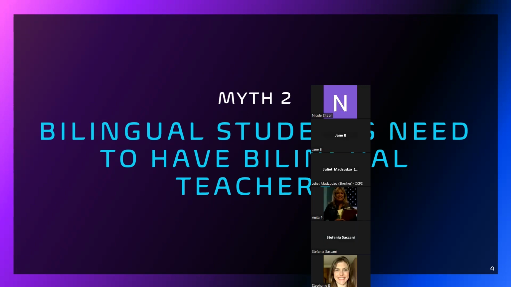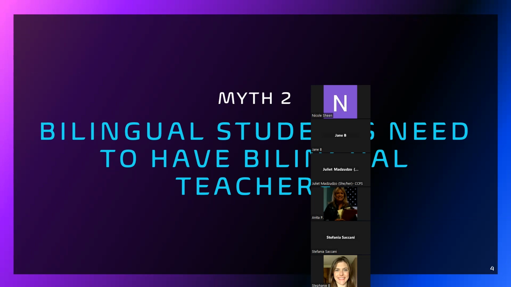Yes, it is wonderful to have bilingual teachers in your building so that students can communicate freely and they find people who are like them, people who look like them, people who have similar experiences to them, people who can relate to what they're going through and be an ear or a shoulder to lean on.